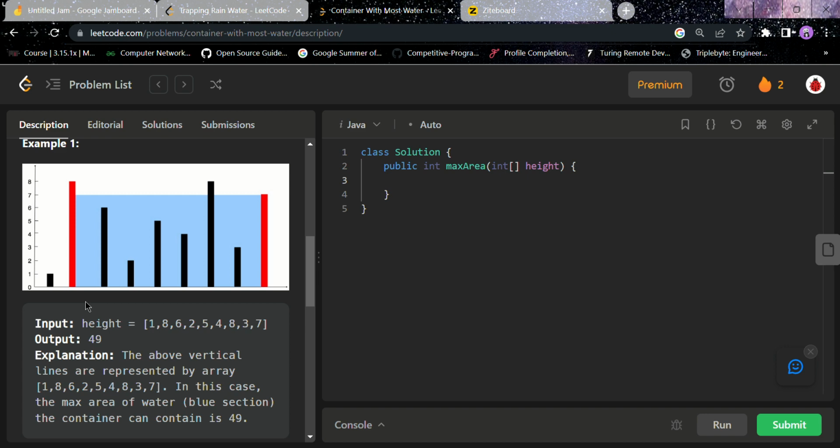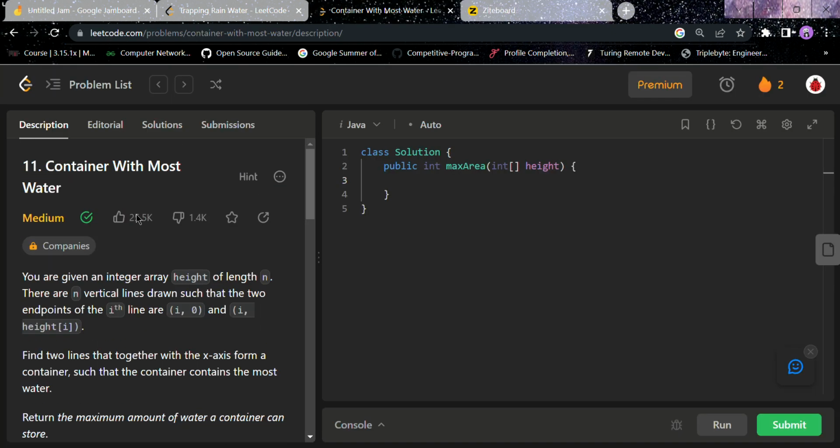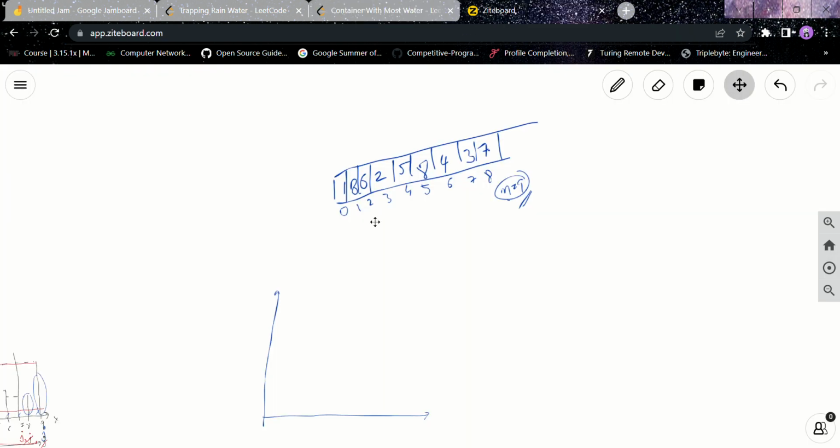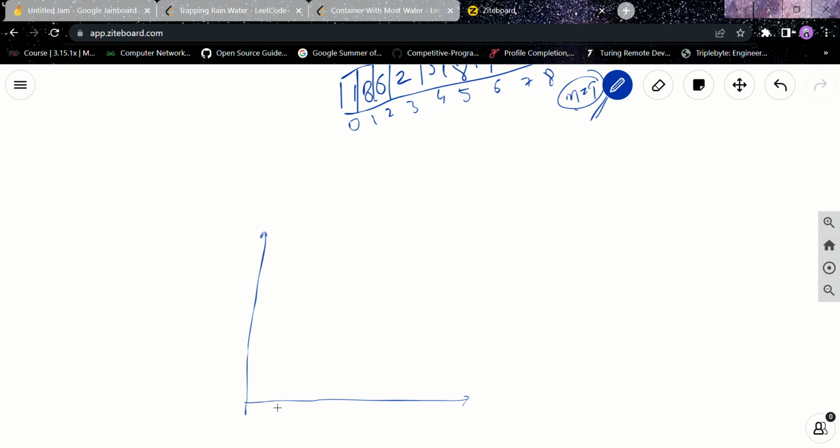It has been said that the ith line has coordinates (i, 0). The first one will be (1, 0), then (2, 0), (3, 0), (4, 0), and so on up to 9 elements, till (9, 0).